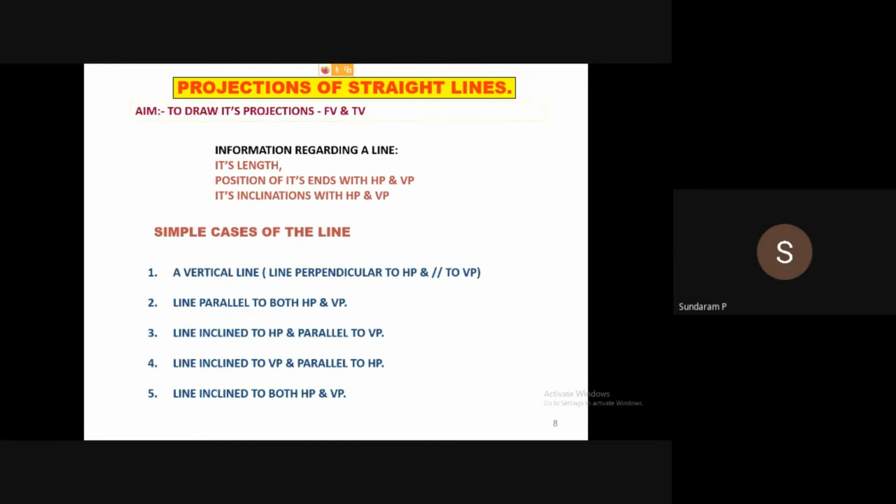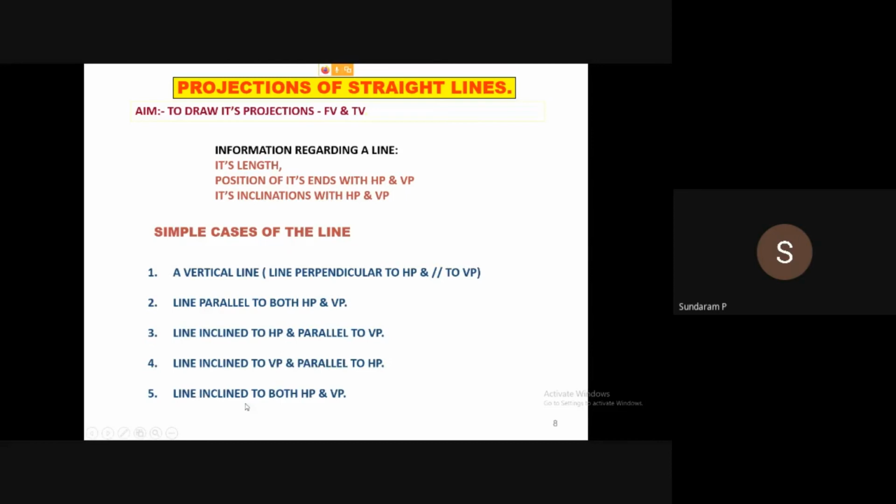Second one, when you keep it horizontal to the XY line, it is parallel to the wall, parallel to the ground, parallel to the horizontal plane and parallel to the vertical plane. Suppose it is inclined to any one plane, inclined to the horizontal plane and parallel to the vertical plane, or inclined to the vertical plane and parallel to the horizontal plane.